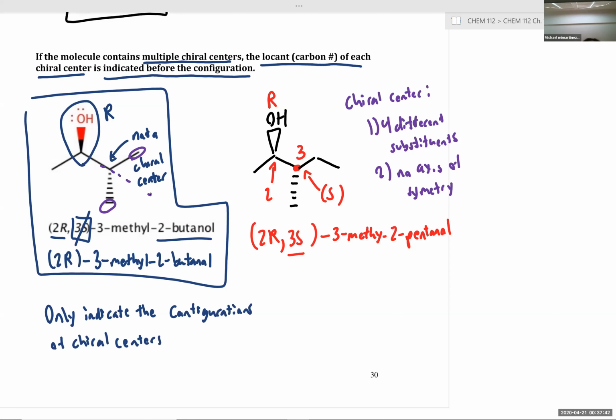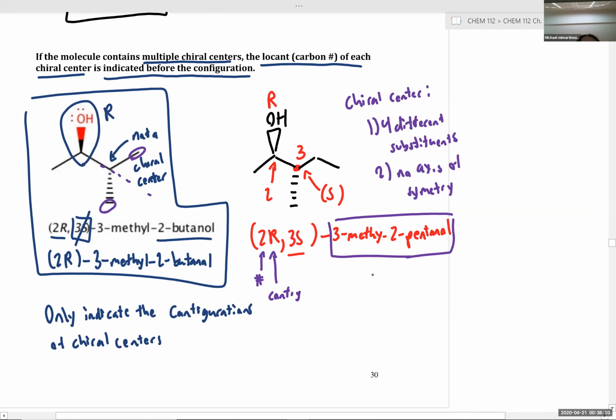The one thing I want you to highlight is when you're naming molecules with chiral centers, always make sure to stop and verify that the centers which you're assigning are genuine chiral centers. Then you name the carbon number, so this is our locant number, followed by the configuration in the front, and then you name the molecule as normal.